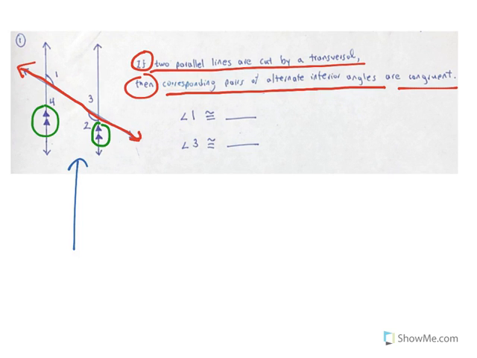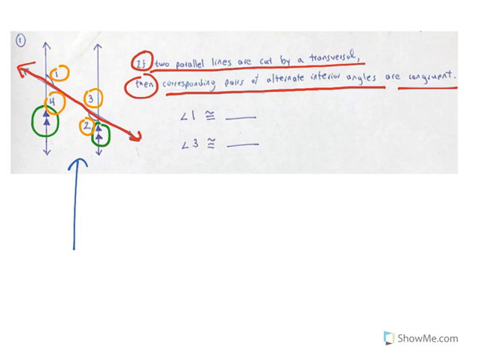So they're marked 1, 2, 3, and 4. So we have 4 interior angles. And then when we say alternate interior angles, we're talking about interior angles that are on alternate sides of the transversal.